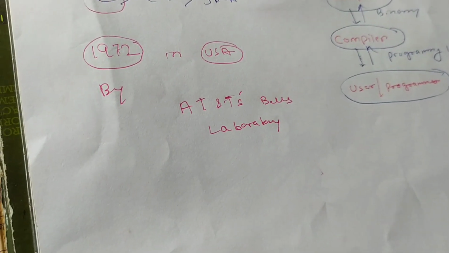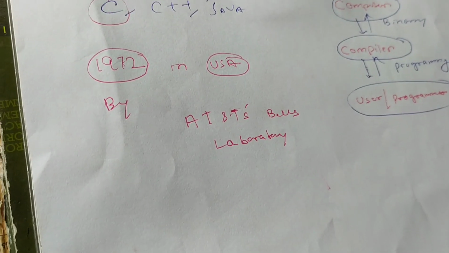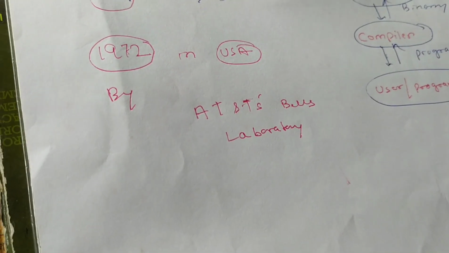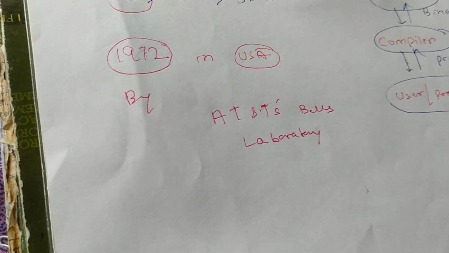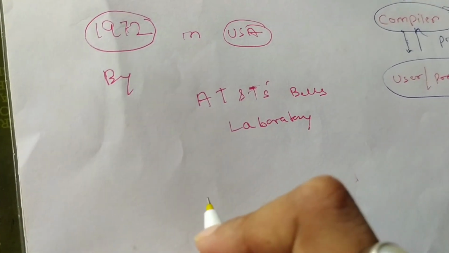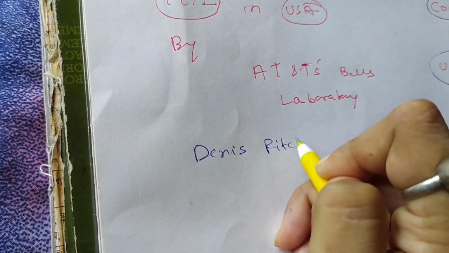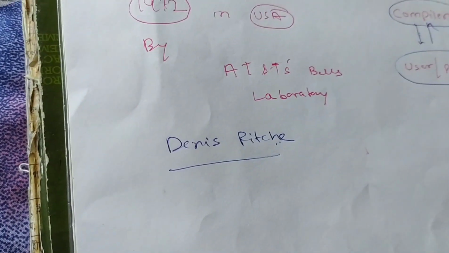The scientist who developed this programming language is named Dennis Ritchie.